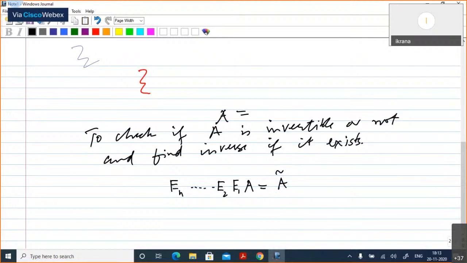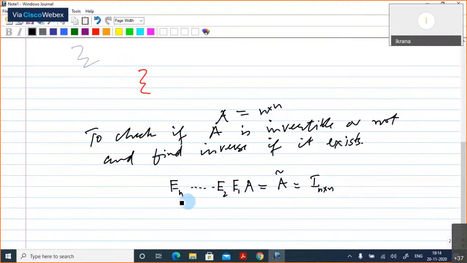What does the reduced row equivalent form look like? If A is going to be invertible, just now we saw that its reduced row equivalent form should be identity, of the same order. If A is n cross n, then it should be n cross n, so that means it is an identity matrix.